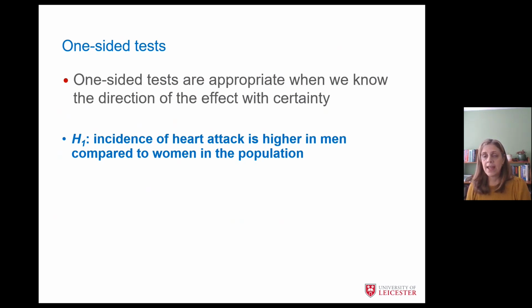One-sided tests are less conservative than two-sided, so you're more likely to find a significant result with a one-sided test, and that's why it's probably more appropriate to always do a two-sided test and to err on the side of caution.